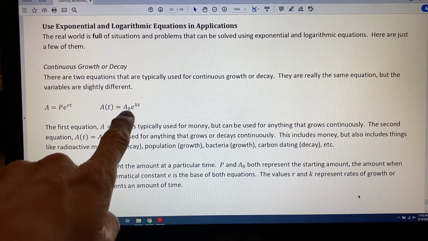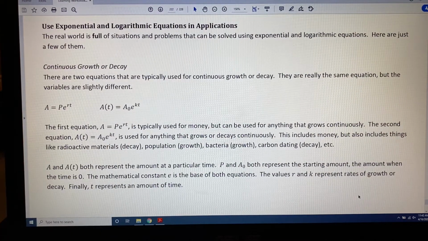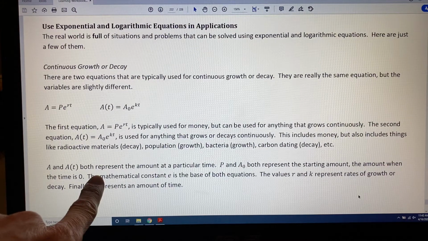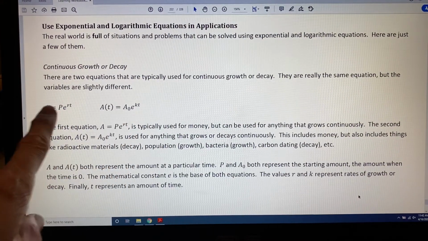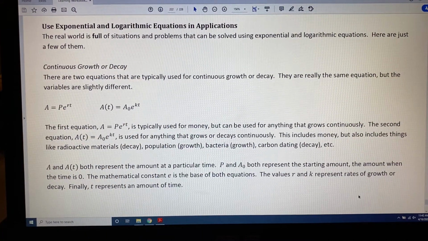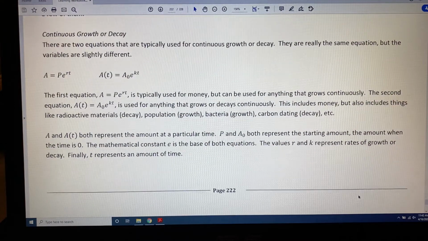That's the reason for the little 0 next to the A. The 0 represents the time is 0, and the A represents the amount. So when you put them together, A subscript 0, sometimes pronounced A naught, represents the amount A when the time t is 0. The mathematical constant, e, is the base of both equations. Remember that e is approximately 2.7. The values of r and k represent rates of growth or decay. And finally, t represents an amount of time.